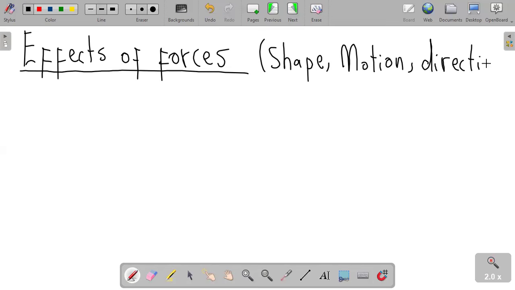So these are the three effects that we are going to look at. We're going to concern ourselves with only these three for this term. Okay.